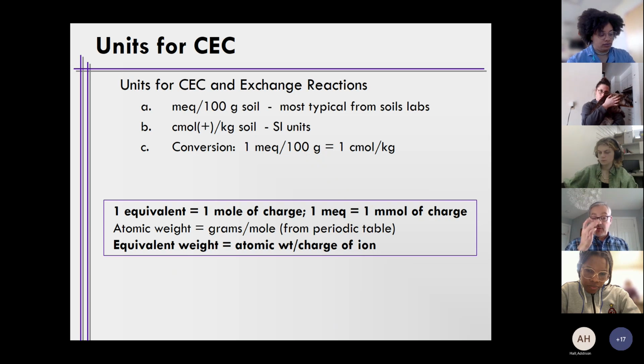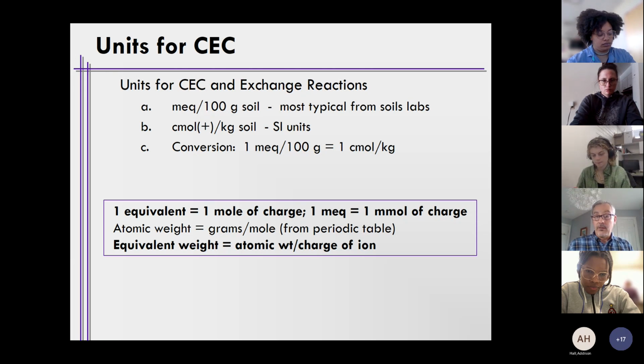So I want to switch gears here, and this unit or units of expressing CEC is a little goofy, right? Milliequivalents per 100 grams. What the heck is that? What this is, is an expression of the number of negative charges in a soil.